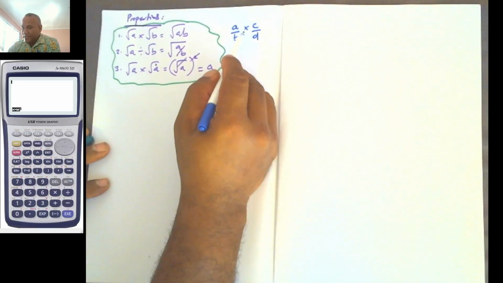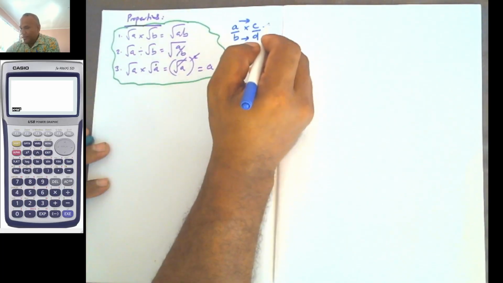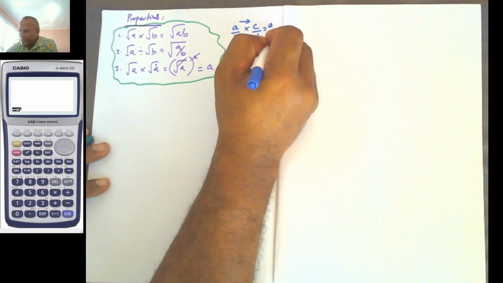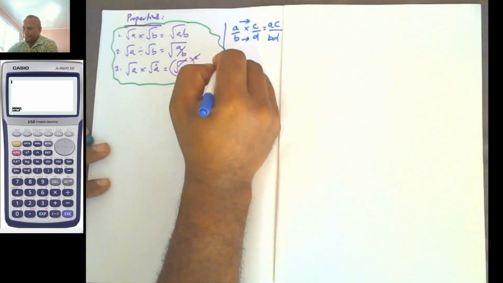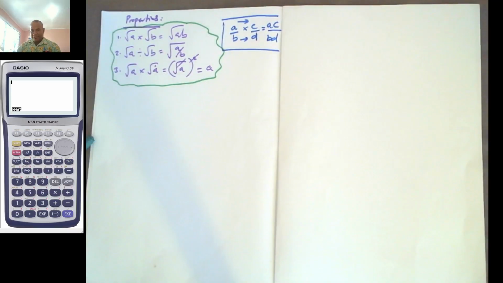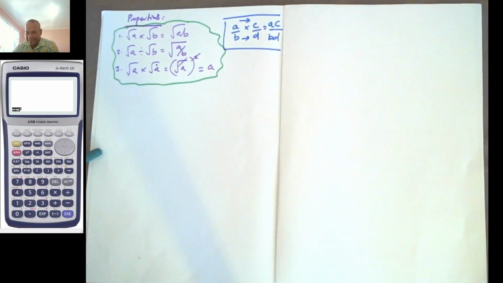Since it is a fraction times a fraction, we multiply numerator with numerator and denominator with denominator. So that is ac over bd. These are some properties that we will use when we are solving surds or rationalization. Let's look at part 1.